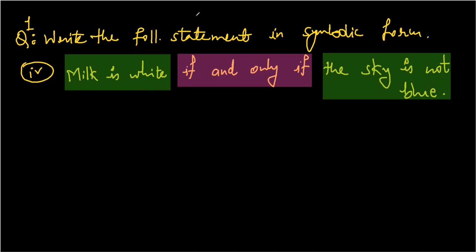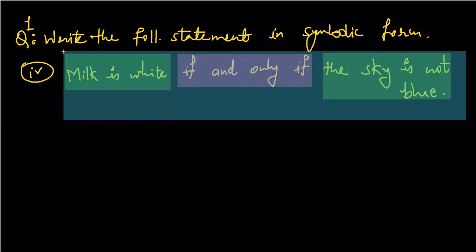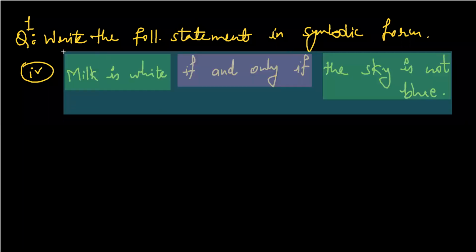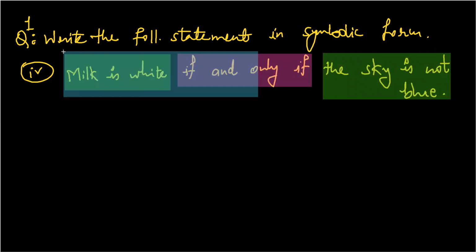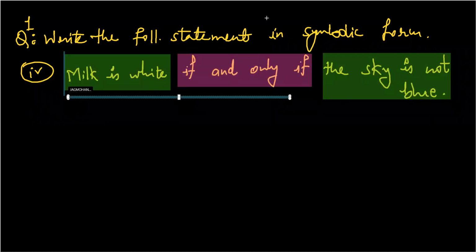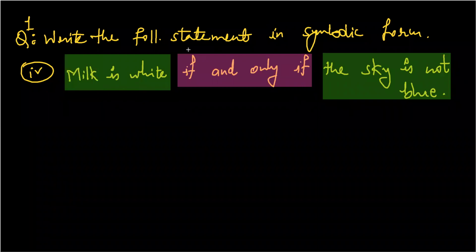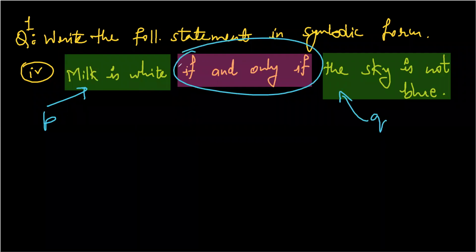What I will do, students, I will take this component statement as P, and this one as Q. And I know what this connective stands for, this symbol. So I will get P double implication Q. That will be my final answer.